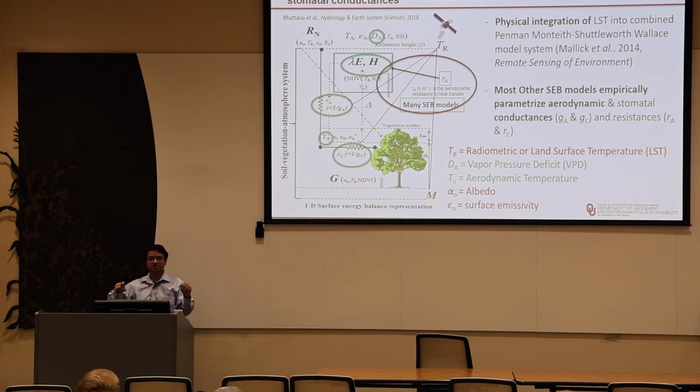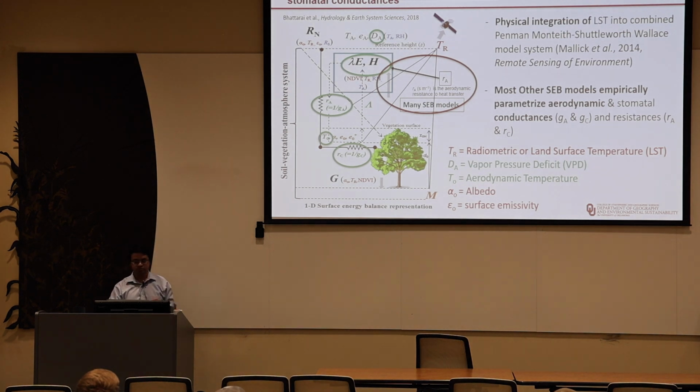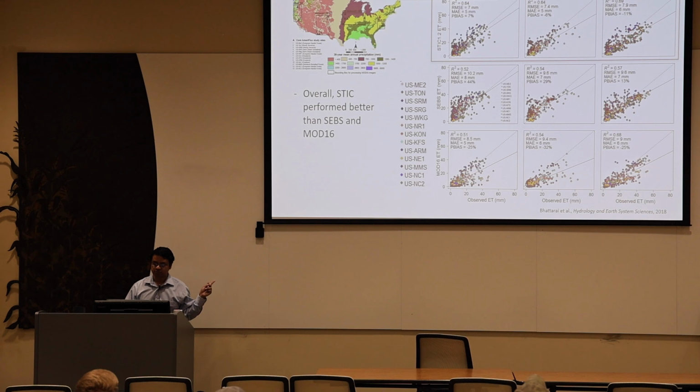So we worked together and developed a remote sensing version of the model. This is one of the models that NASA is going to be using to develop an ET product very soon using ECOSTRESS sensors. We found this model actually works better than another model called SEBS and then the MODIS product.